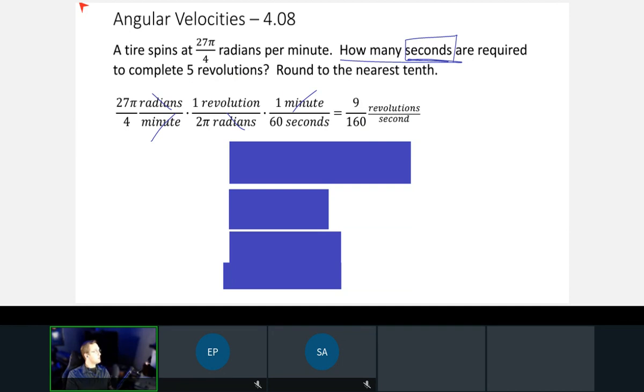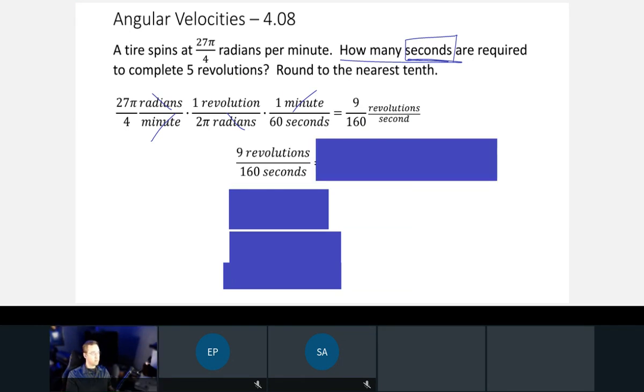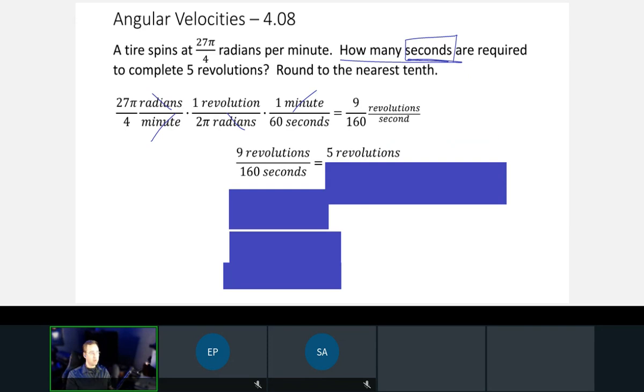So we can set up a proportion using that. We're going to have 9 revs over 160 seconds, and then it's going to equal, now remember, we want to know how much time to make 5 revolutions. So on the other side of the equal sign, we're going to have 5 revolutions, and then on the bottom, we're going to have x seconds.